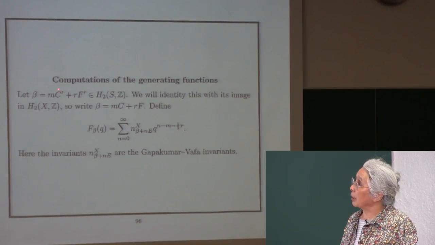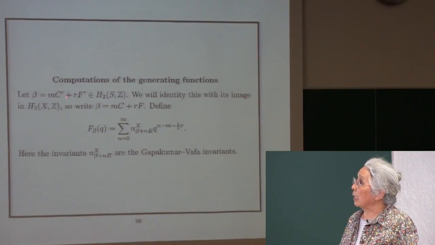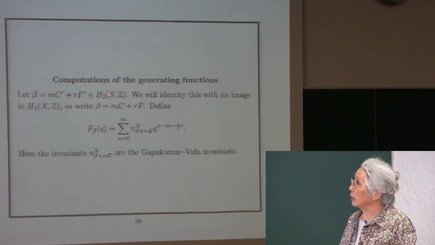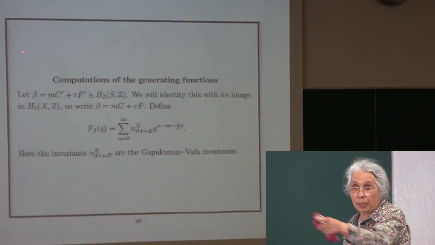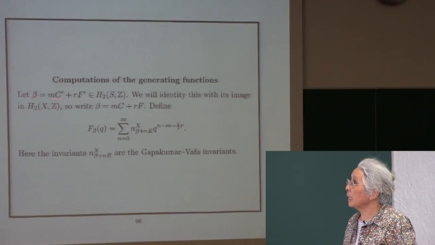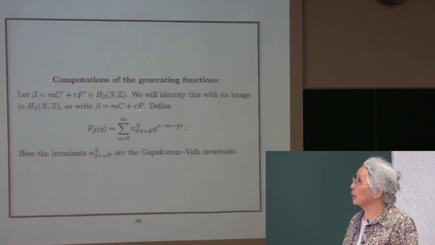And then because we can identify this guy's image inside H2, since you can embed S into X, you can write beta to be mC + rF.